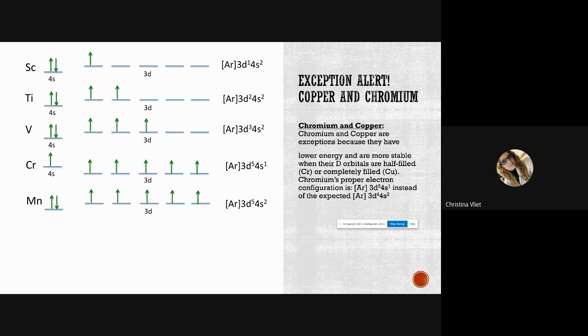You would think, and I'm going to show you chromium. Chromium's electron configuration, you would think, what's before chromium? It's argon, right? You would think it would be argon, 4s2, 3d4. But that's actually wrong. That's not chromium's electron configuration. A little bit more investigation is necessary here. Write out the boxes. 4s.